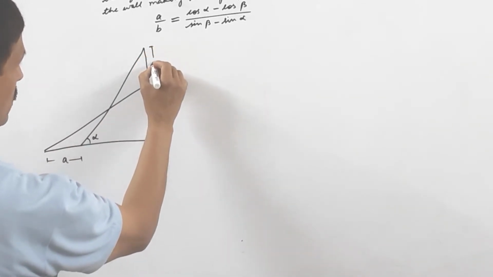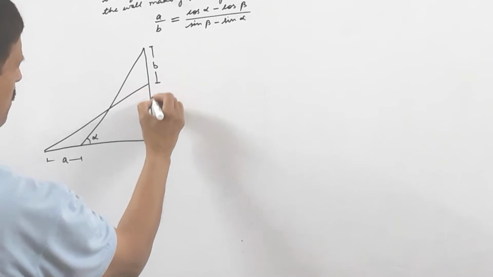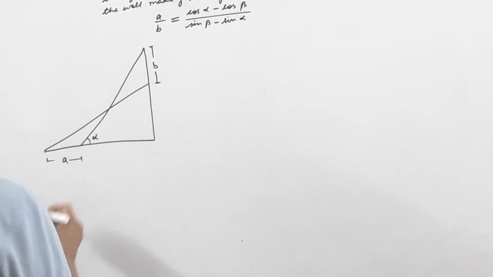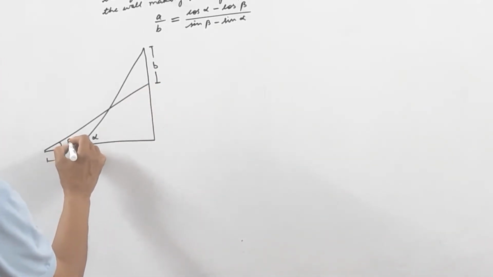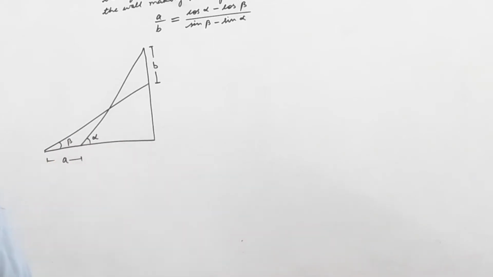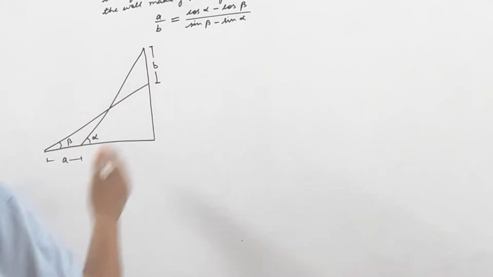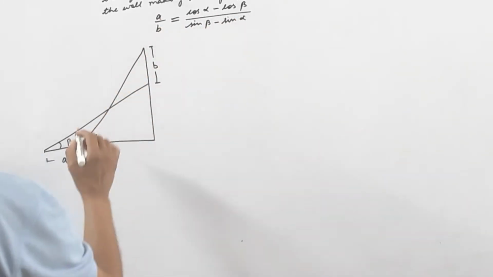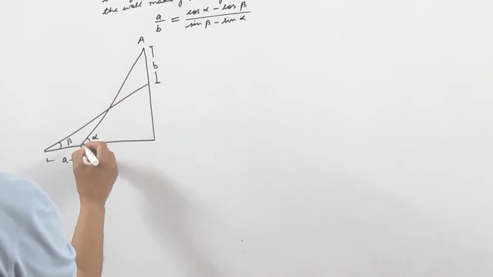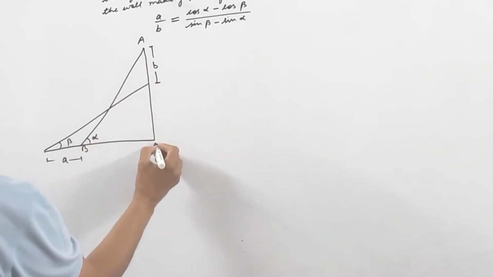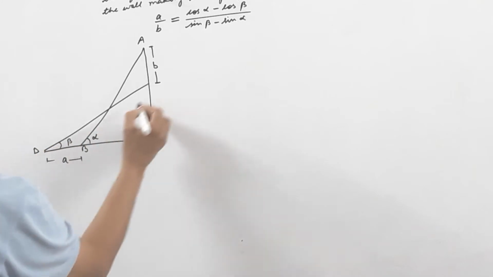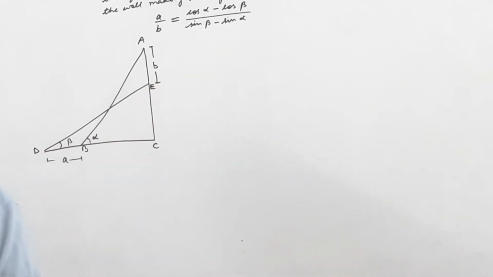It slides down a distance b, thus making angle beta with the horizontal. We have to show a upon b is equal to cos alpha minus cos beta upon sin beta minus sin alpha. Let these be A, B, C, this is D and this is E.